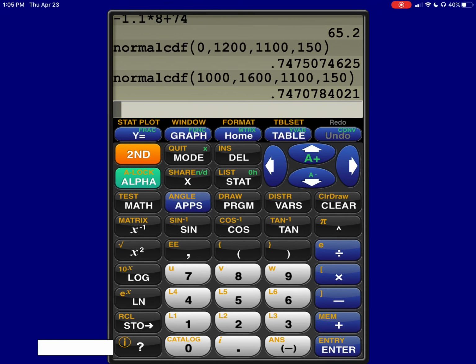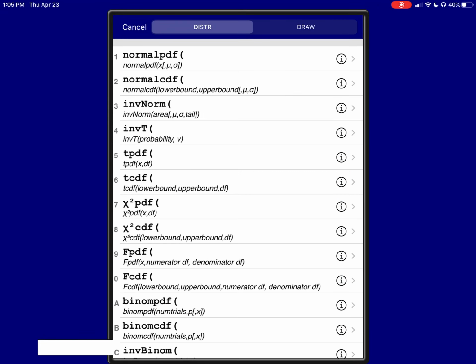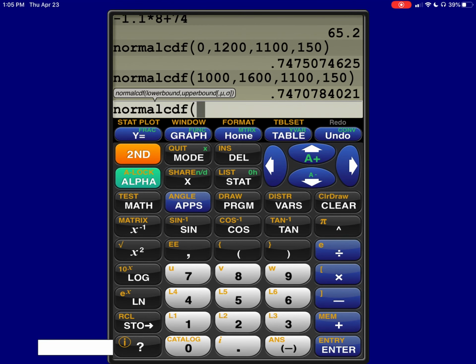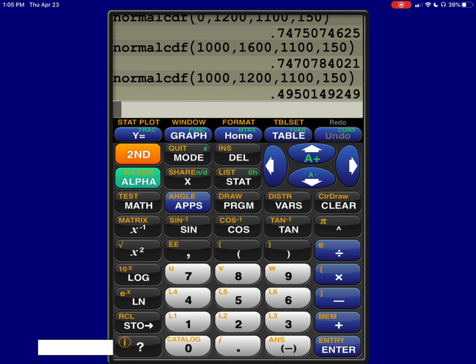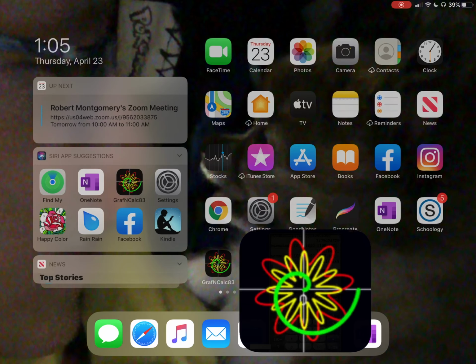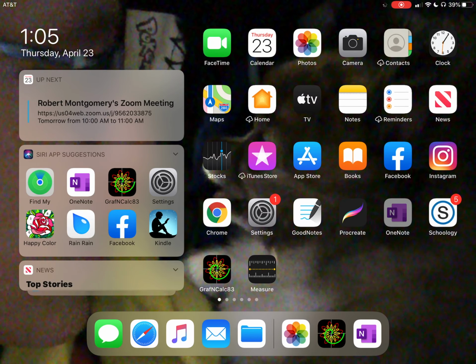So we're going to go between 1,000 up to 1,200, and my mean is 1,100 and my standard deviation is 150. The nice thing is the calculator saves everything up above so you can see what you did before.